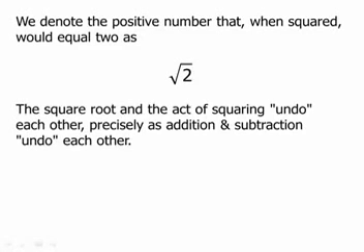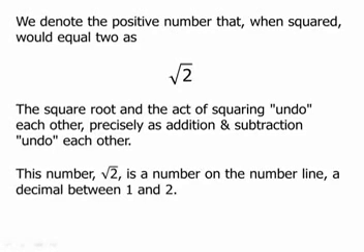The square root and the act of squaring undo each other, precisely as addition and subtraction undo each other. This number, square root of 2 or radical 2, is a number on the number line, a decimal between 1 and 2. So it has a home on the number line. It does live there. It's between 1 and 2.